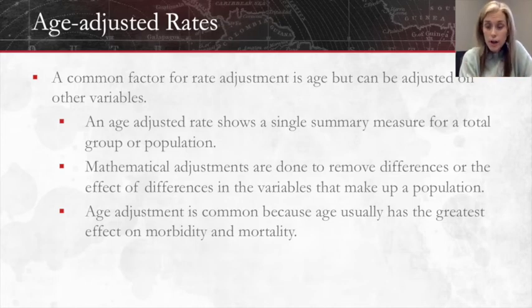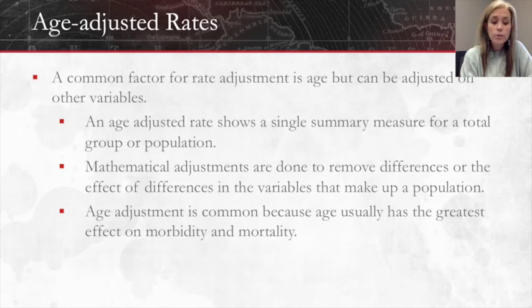And so if you were to go to the CDC's website and look at age and burden of disease on a population, they will more likely than not present age-adjusted rates to you because ultimately age has such a profound effect on morbidity and mortality rates.